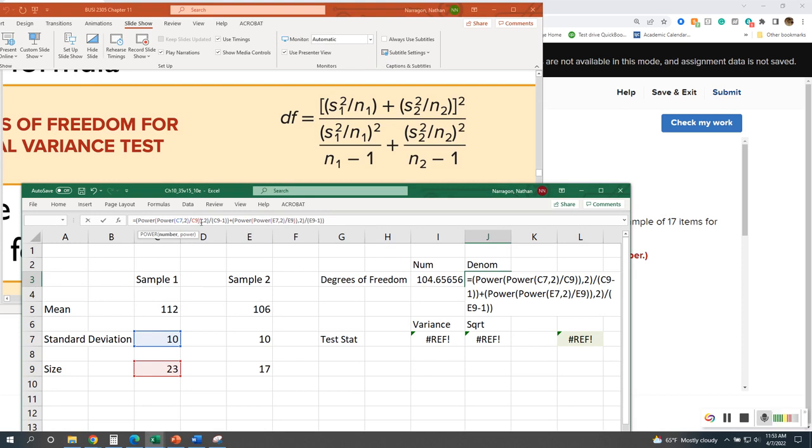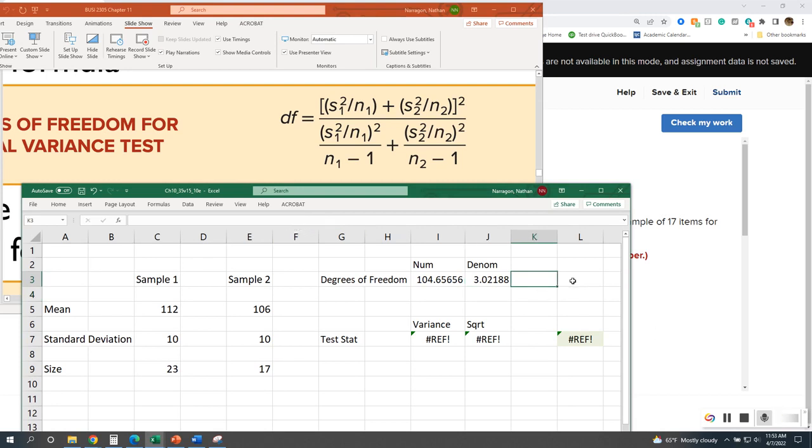It doesn't like how I'm putting it in. So let's delete those two. There we go. I had too many parentheses, it seems.